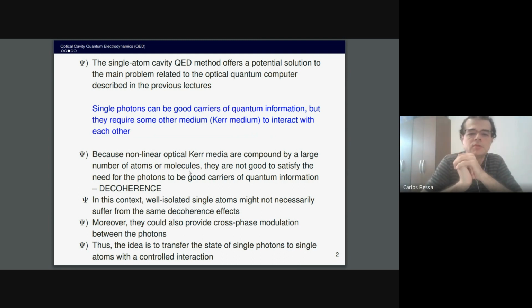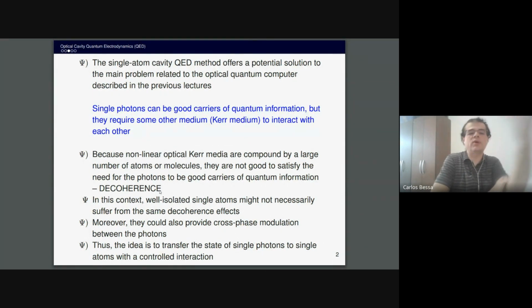And they are not good for satisfying the need for photons to be good carriers of quantum information, because all these atoms that compose the Kerr media could generate decoherence.